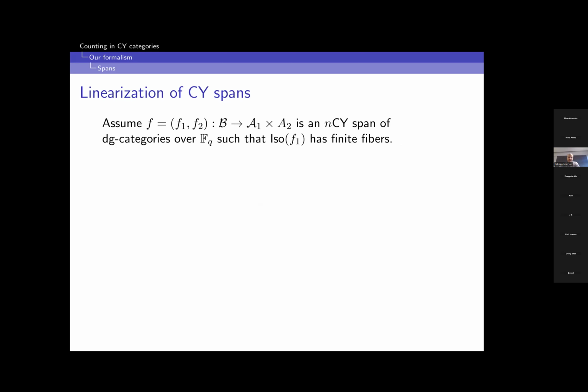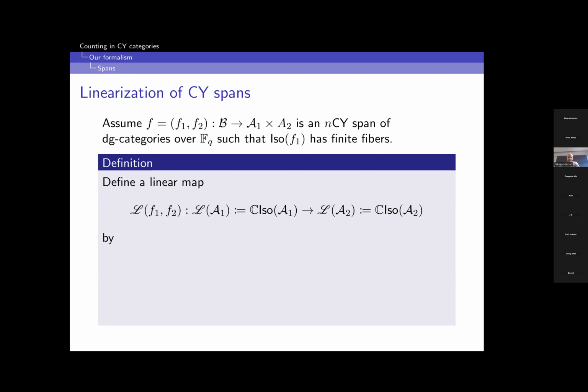if we have one of these Calabi-Yau spans, we get a linear map from it. I said there's a natural inner product on the space of finitely supported functions on isomorphism classes of objects. This has the obvious inner product, and because I think of them as half densities, there's no weighting when I form the inner product. So it's a completely standard inner product that doesn't take into account the homotopy groups or the Ext groups.